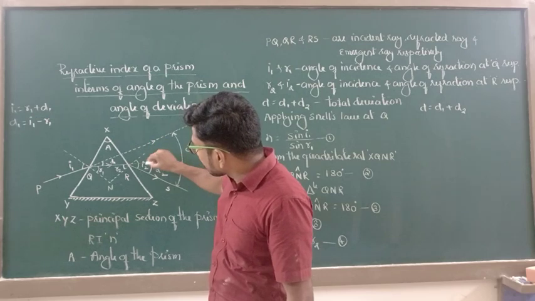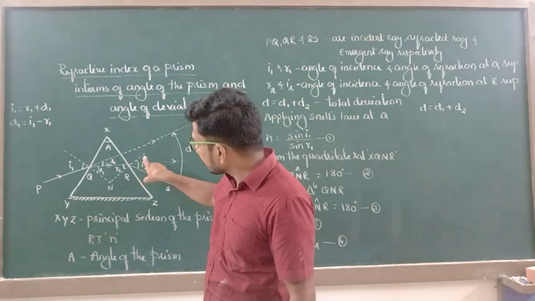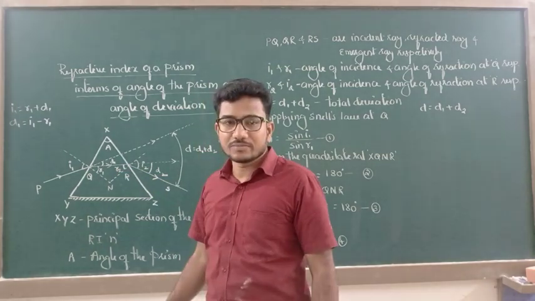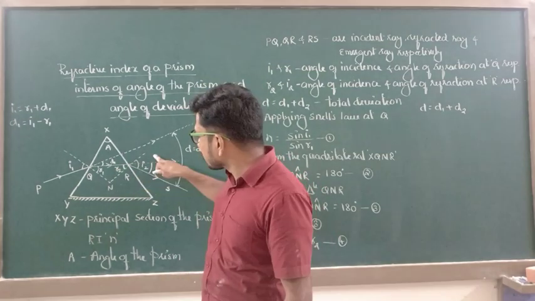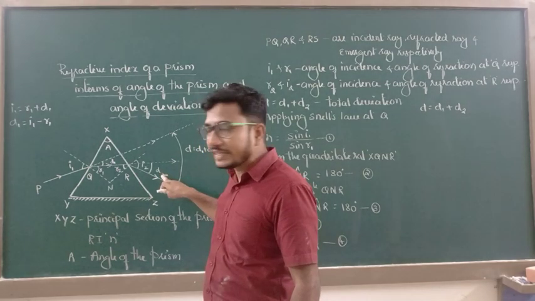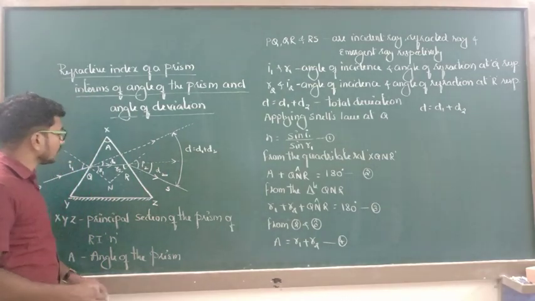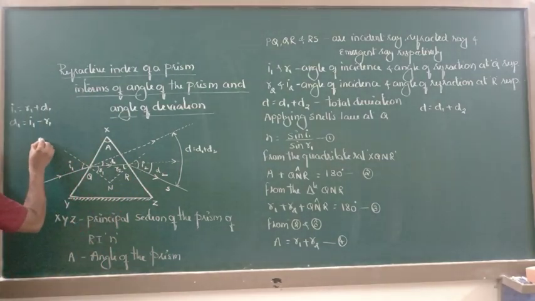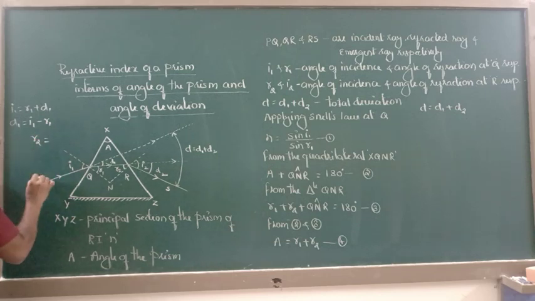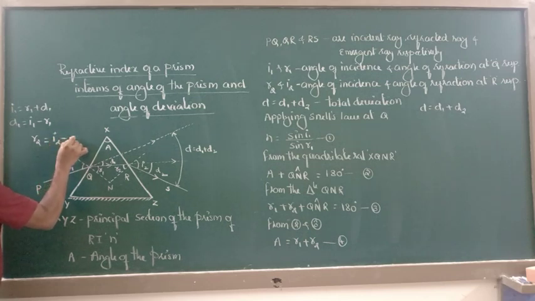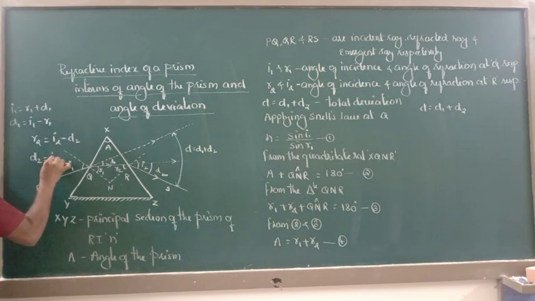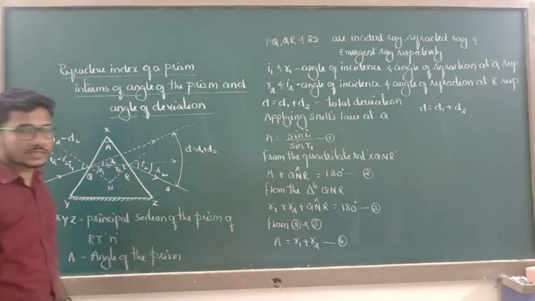I2 minus D2 and R2 are vertically opposite angles, and hence we can write R2 is equal to I2 minus D2. So D2 is equal to I2 minus R2.